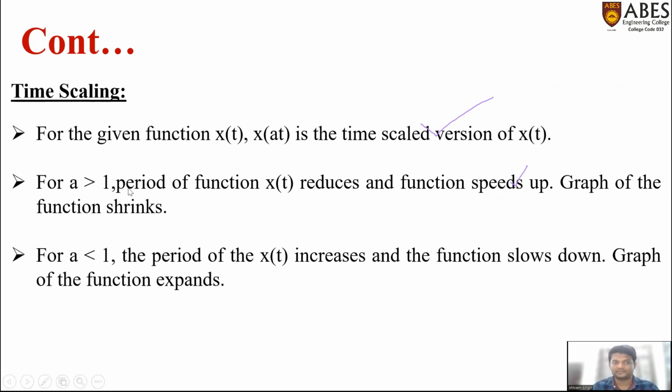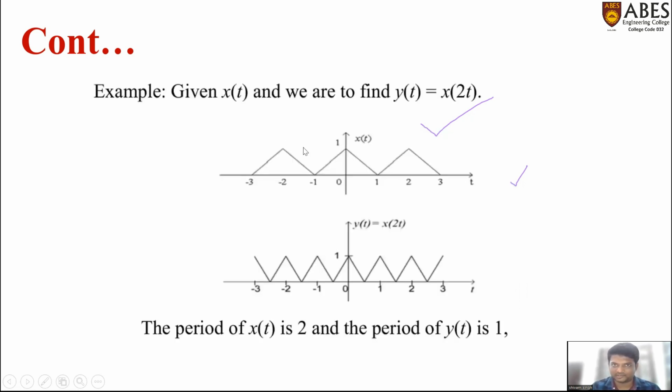For a greater than 1, the period of the function x of t reduces and the function speeds up. And for a less than 1, the period of x of t increases and the function slows down. You can better understand with the help of a graph. Let me show you. Here you can see. Let me denote it first, then we'll see.